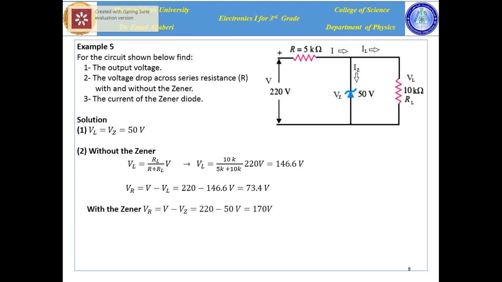Now, when the Zener diode is connected, that means the output should be 50 volt, and the voltage drop on the series resistance R is the difference between the input and VZ. So it is equal to 170 volt.